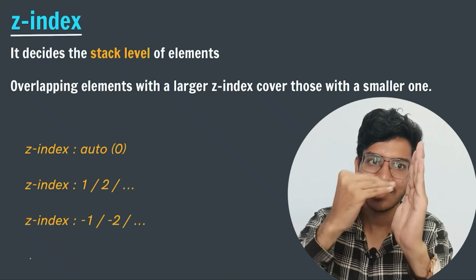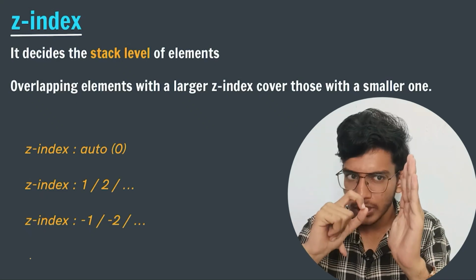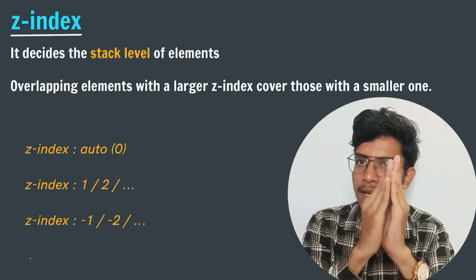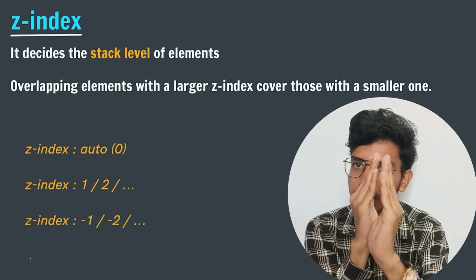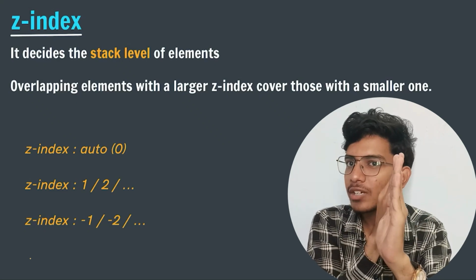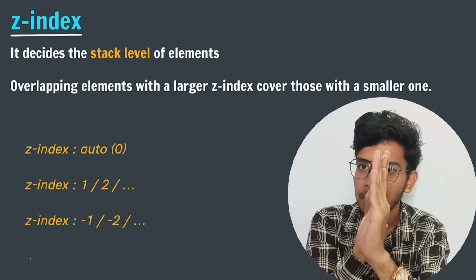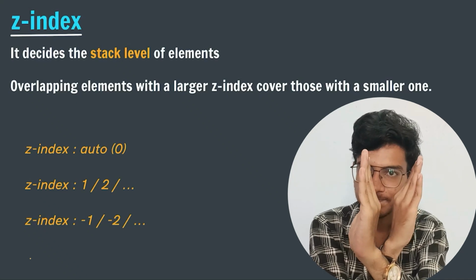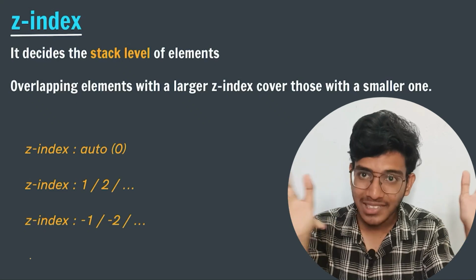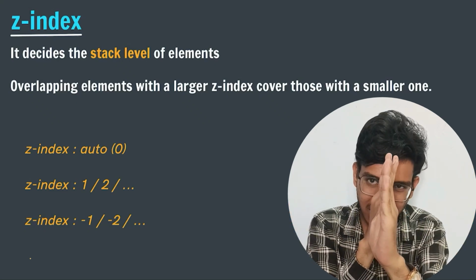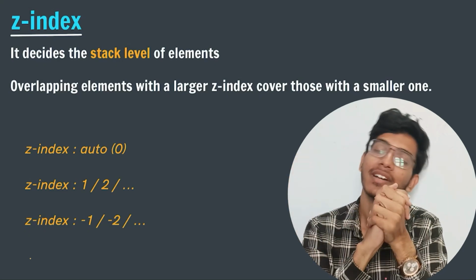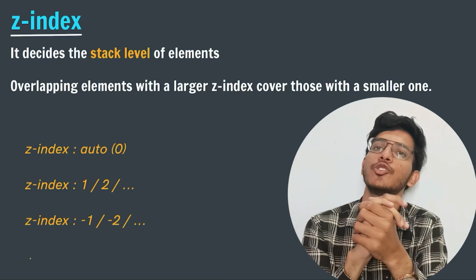By default, the z-axis is 0. Now I want to move this element backwards, so I will give z-index as -1. When I give -1, the element will move backwards and will not be visible on my screen. When I give a positive value, the element will come to the front of my web page.